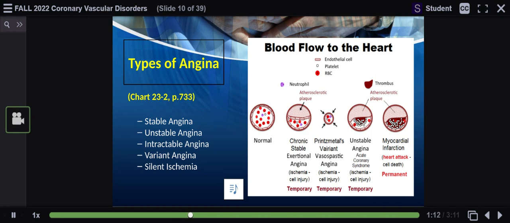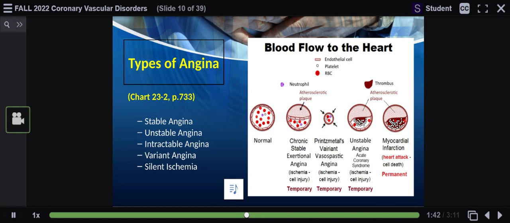Next, we have the unstable angina. It refers to the chest pain that can occur at rest. Of the two types of angina, unstable angina is the most concerning, and it is identified as the initial phase of acute coronary syndrome and can be a precursor to myocardial infarction. It should be treated as an emergency, because unstable angina is usually prolonged and may not be relieved with medication.